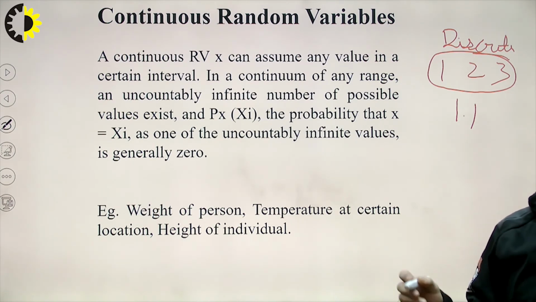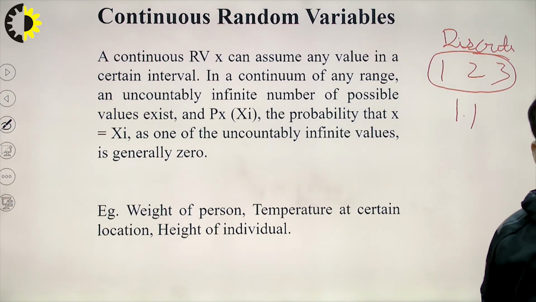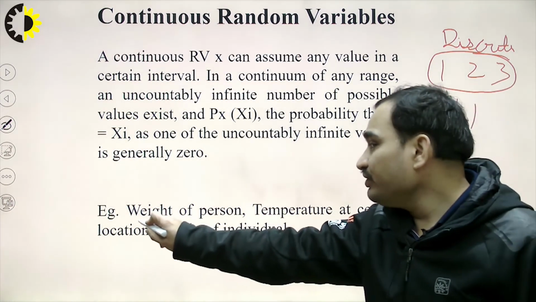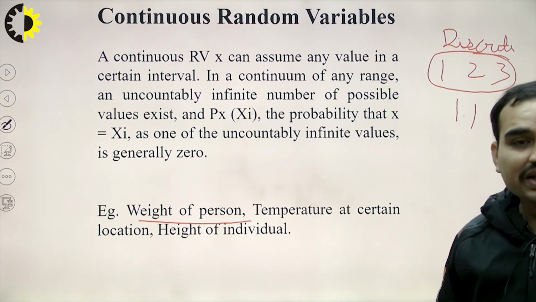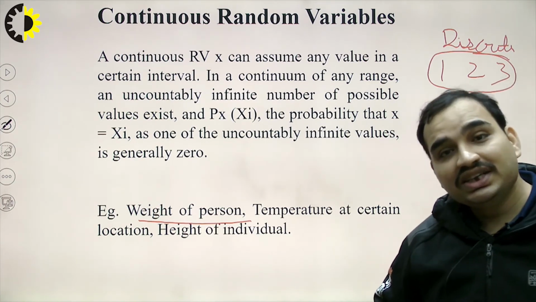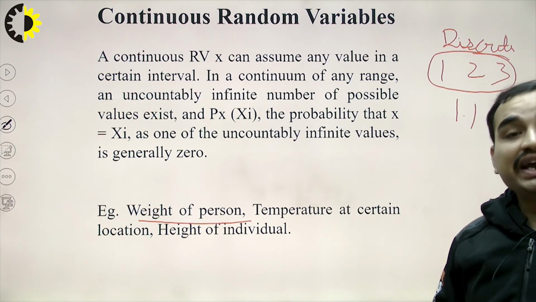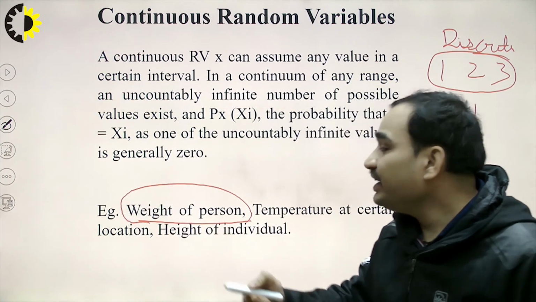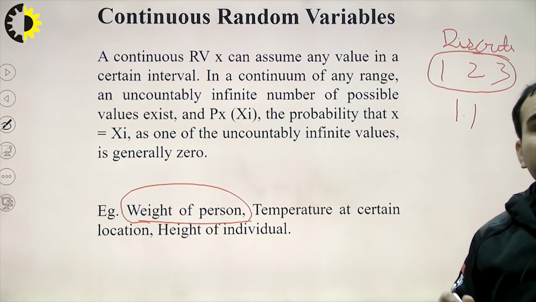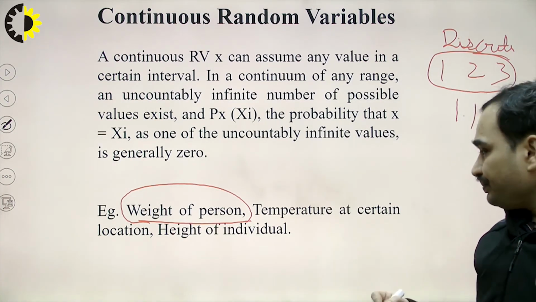Okay. So what are the examples of the continuous random variable? Examples are the weight of a person. So weight of a person can be 40 kg, it may be 40.5 kg, it may be 80.9 kg. That's why we are considering the weight of a person as a continuous random variable.